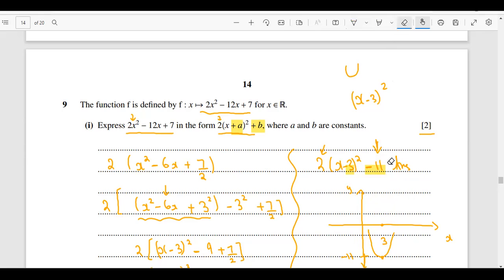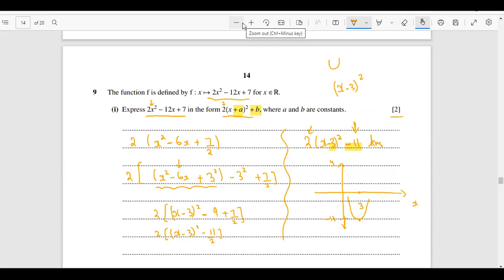So what do I see? Now I can see that the value of y is greater than or equal to minus 11. Okay. So the range would be greater than or equal to minus 11.